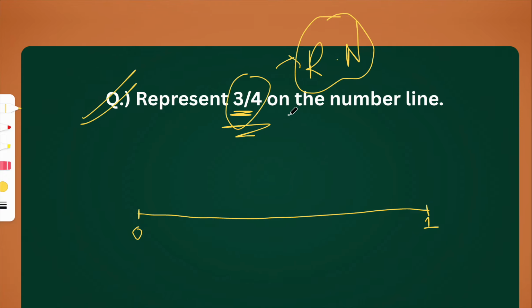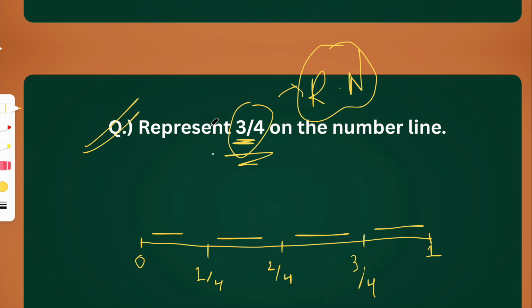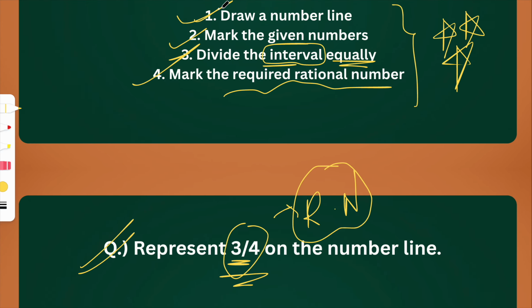So now it is asking to represent 3/4 on the number line. So for 3/4, I need to divide this number line into 4 equal parts. Okay, 1, 2, see, this is a half, this is a half, this is a half, and this is a half. I'll name them 1/4, 2/4, 3/4. Okay, so now I can see that I have drawn a number line.